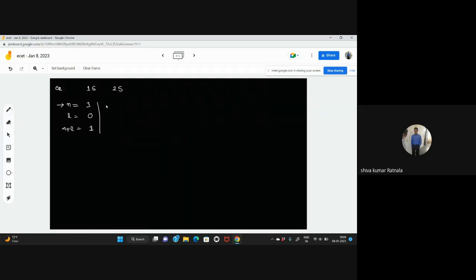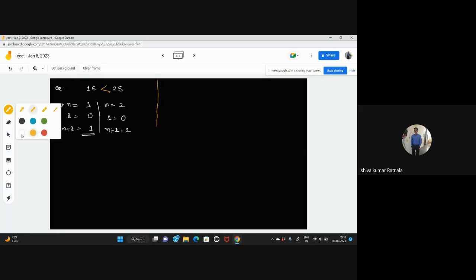And for 2s orbital, n value equals 2 and L value is the same, 0, and n plus L equals 2. Therefore the n plus L value for 1s is 1 and for 2s is 2, so the electron will enter 1s first. So the energy order is: first the electron will enter the 1s orbital, then it will go to the 2s orbital.